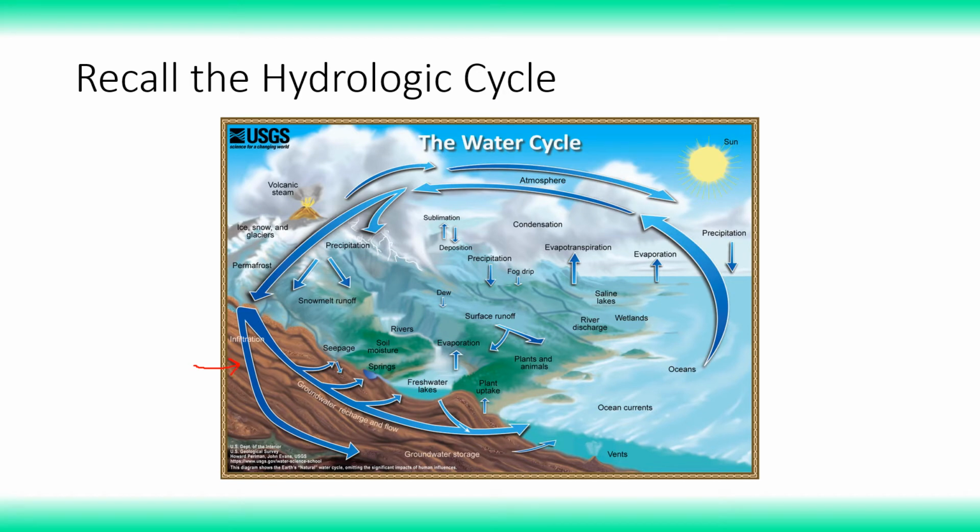So sometimes that can be water in the subsurface or just water on the surface itself, right? Weathering and erosion can happen due to the movement of water across the surface. So while we won't be talking about the hydrologic cycle for most of this, it does have a connection to our discussion about the rock cycle.